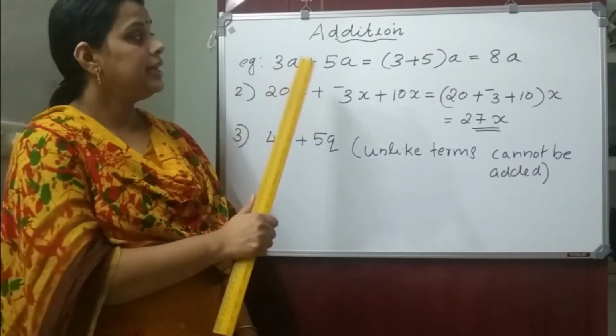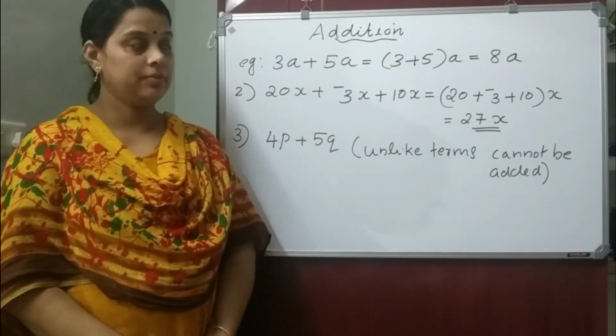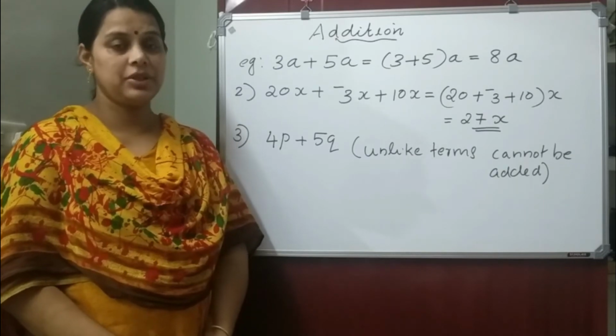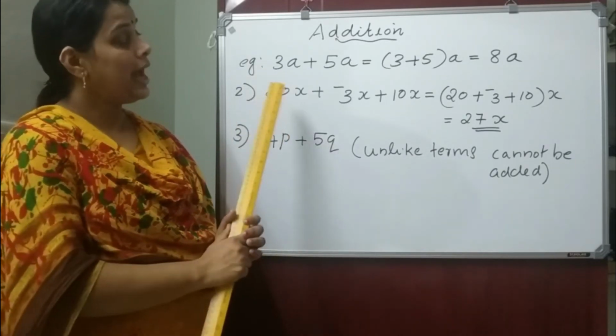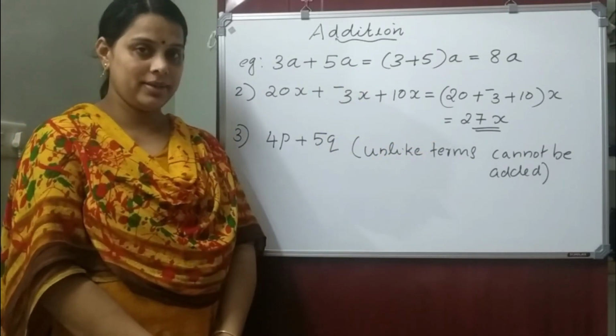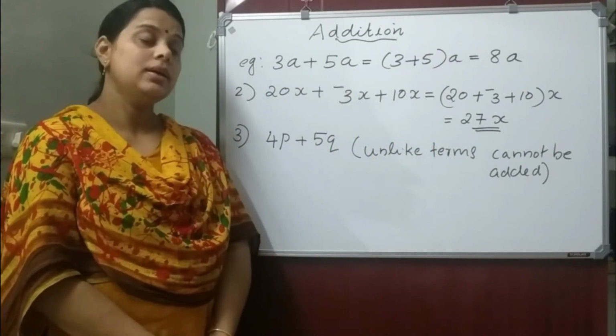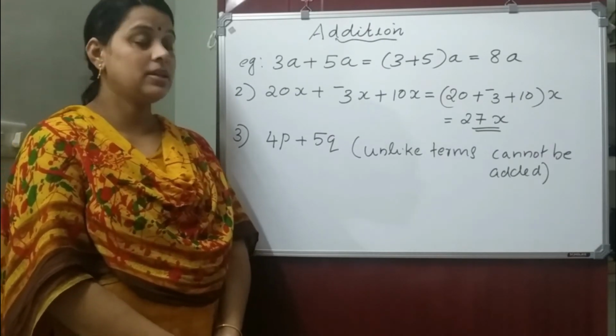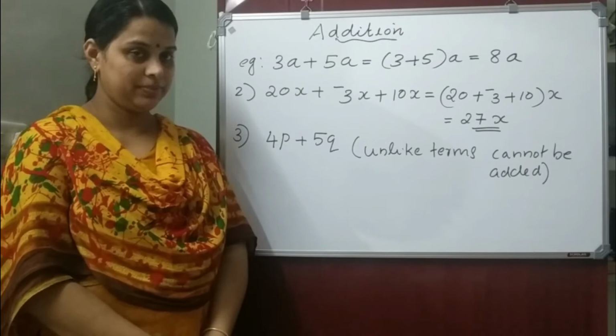Next is addition of algebraic expressions. Like numbers, we can add algebraic expressions. We can add only like terms. Unlike terms cannot be added. You know how to find whether terms are like or unlike: we need to check whether the algebraic factors are the same or not.